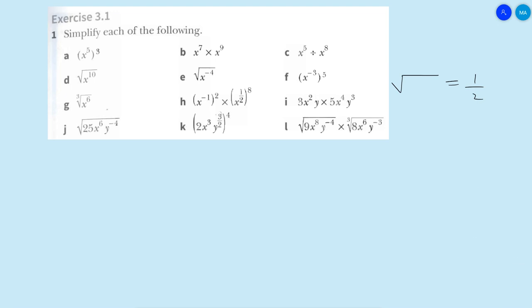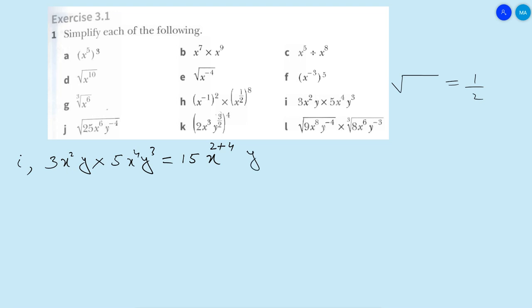Come to part I. Part I is 3x square y multiplied by 5x to the power 4 y cube. Very easy. First we have to multiply 3 by 5. 3 by 5 is 15. Then focus on all x terms. This is x square, this is x to the power 4. So x powers add: 2 plus 4.